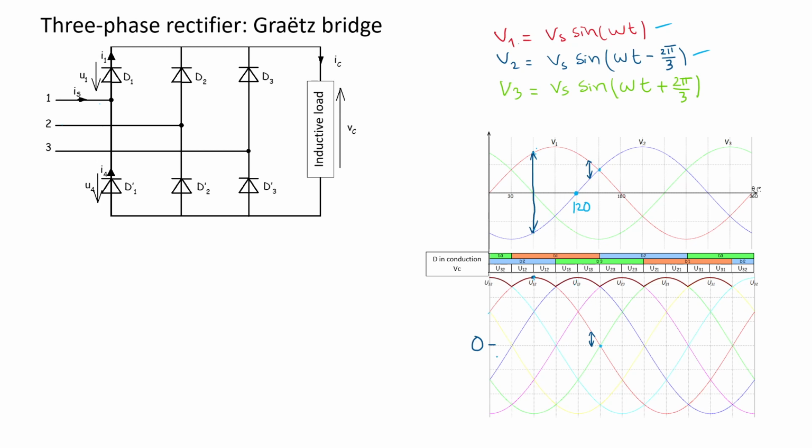V1 minus V3, you got the blue one. V2 minus V3, you get the magenta one. And V3 minus V2, you get the light blue. Okay, just call it light blue. This okay.